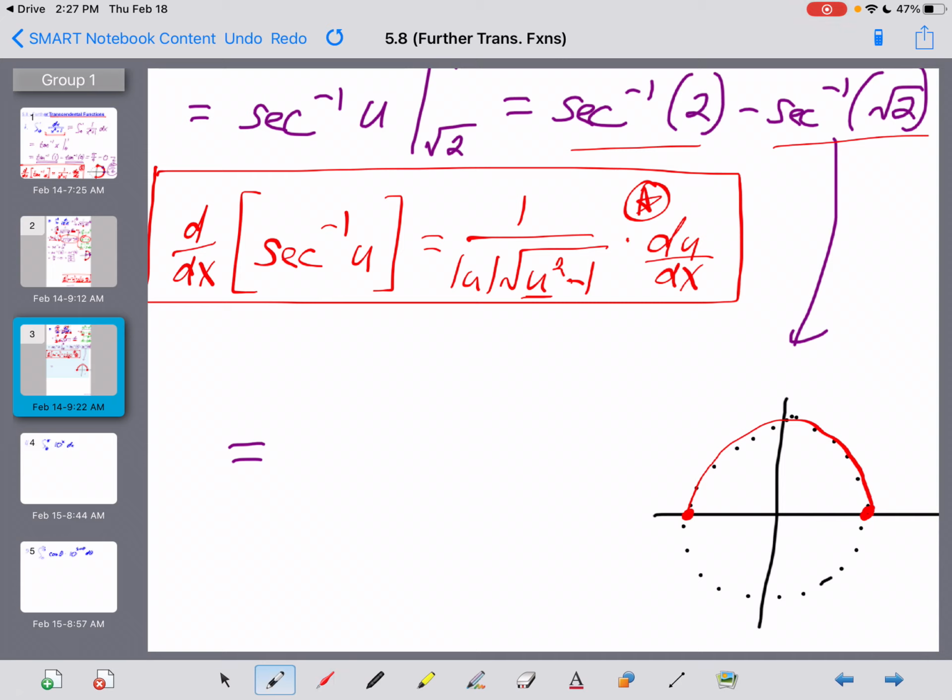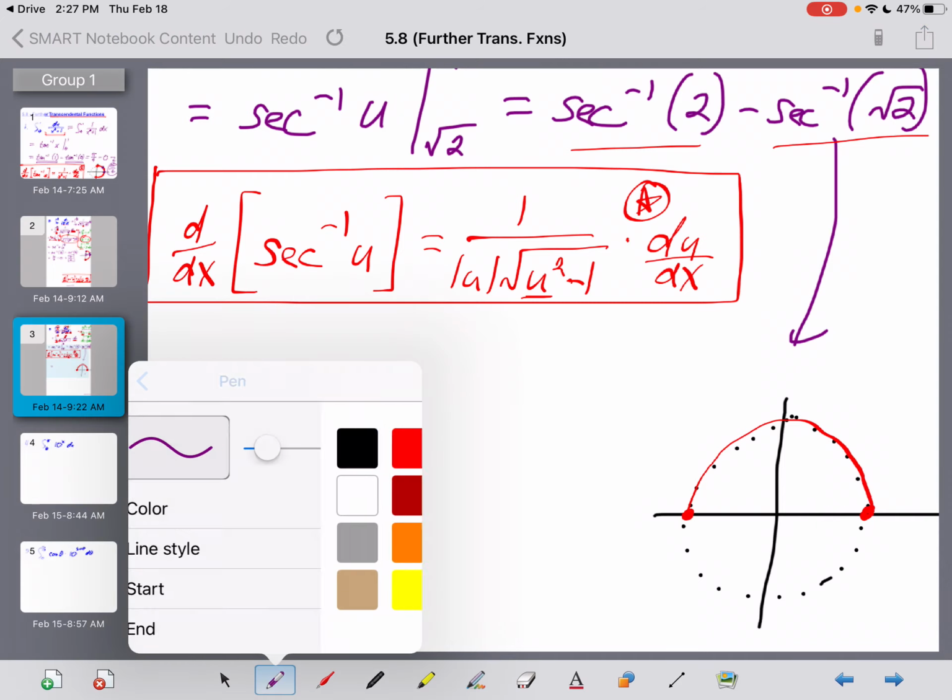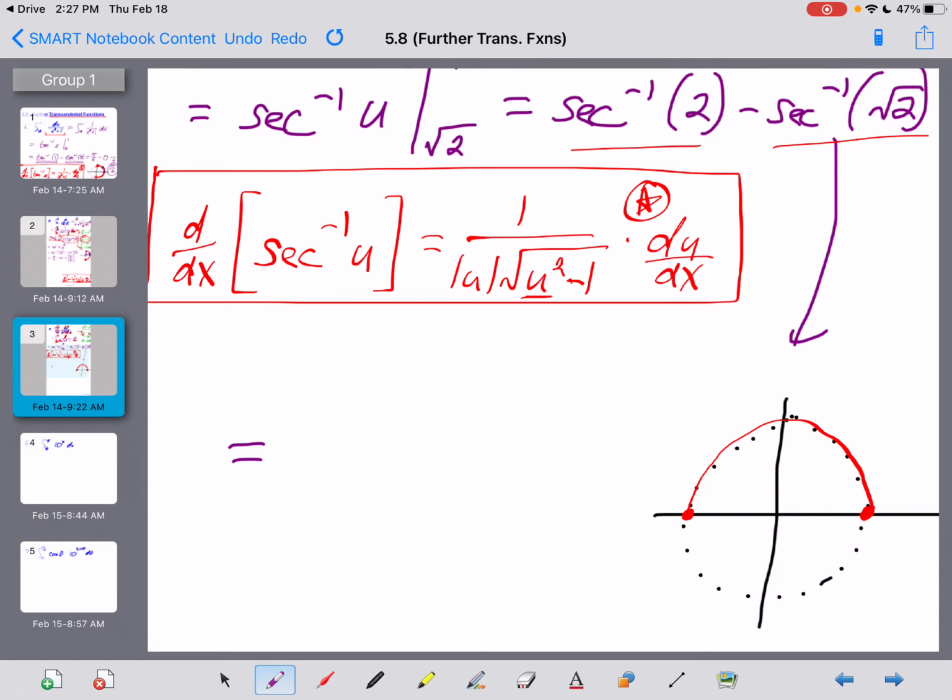Now the first question is, what angle in between 0 and pi radians has a secant value of 2? Well, remember, guys, having an angle whose secant value is 2 is the same thing as having an angle whose cosine value, which is the reciprocal of secant, is 1/2.